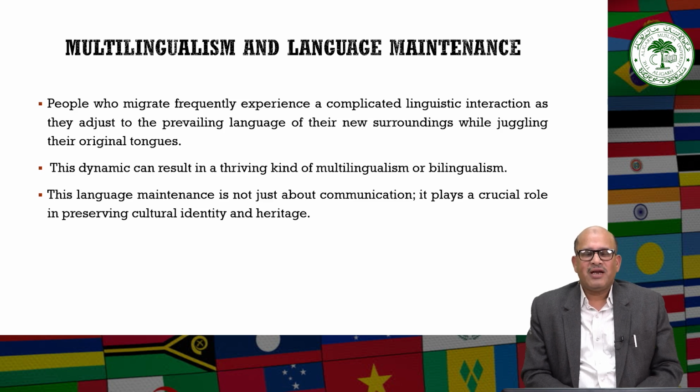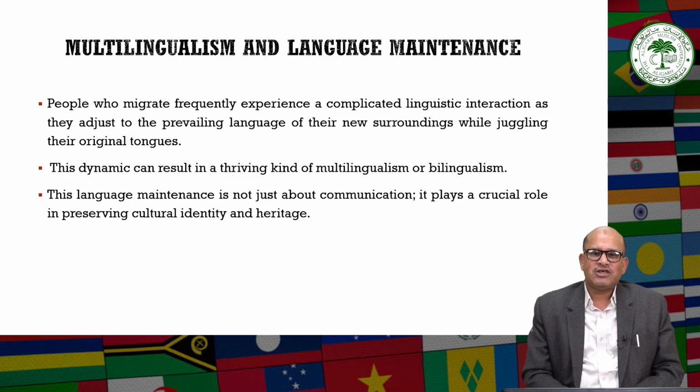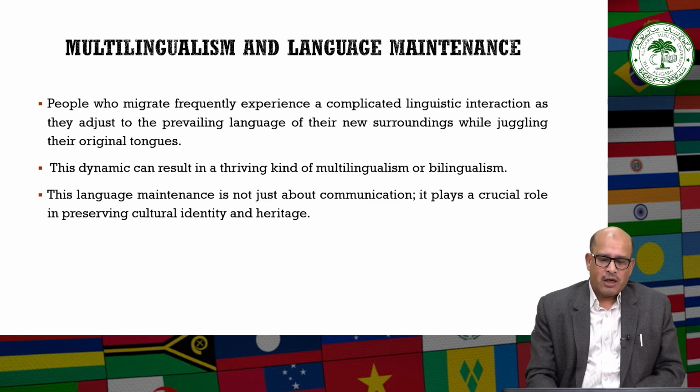This language maintenance is not just about communication. It plays a crucial role in preserving cultural identity and heritage. Through language, migrants share their stories, traditions, and values, fostering a sense of belonging and community.